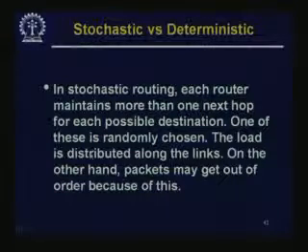On the other hand, packets may get out of order because of this, because for packets from the same source to the same destination, the first packet may be stochastically chosen to go through this path, another may be stochastically chosen to go through that path. And the probability of choosing either path, you can base on some metric, like the delay or something, but the end result is that the packets may reach out of order.